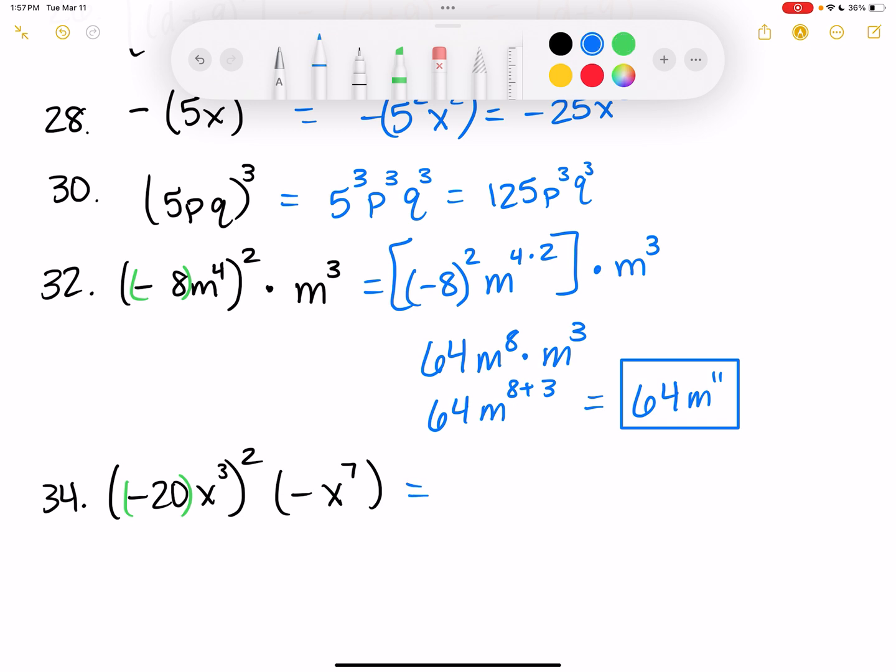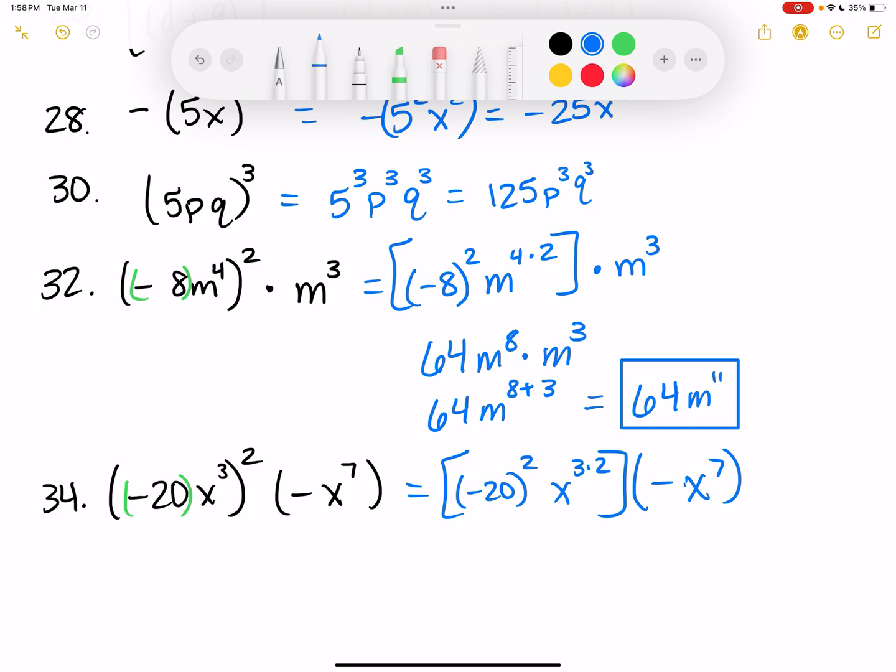So we take negative 20 and I square it. Then x to the 3 times 2. I'm going to bracket all that again, and then times negative x to the 7th.